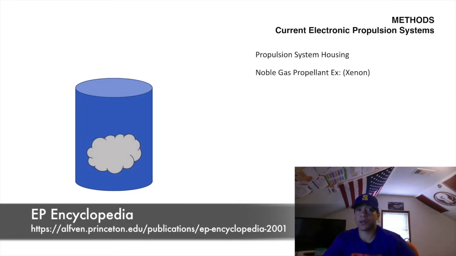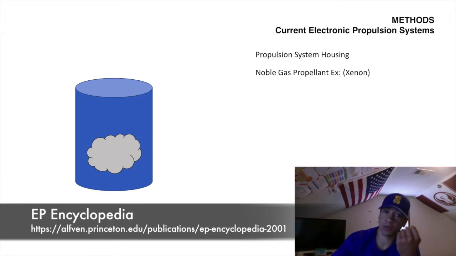Noble gas propellant, for example xenon, other halogens work. Basically, it's non-corrosive and easily ionizable. You don't want to corrode the inside of the thruster housing on long space missions. You don't want it to destroy anything or pull anything apart. You don't want it to create bonds, basically.